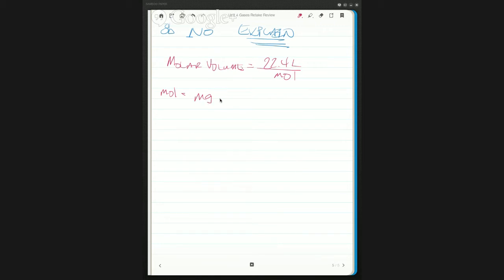So the magnesium, I should make that bigger. Magnesium, sorry. So you measured it on a scale, and then you converted grams to moles.